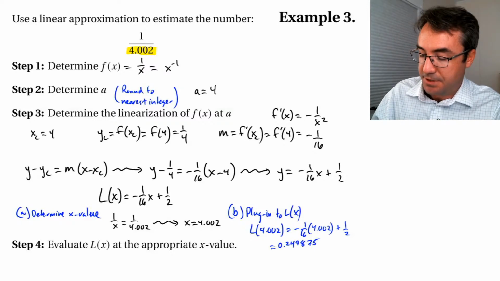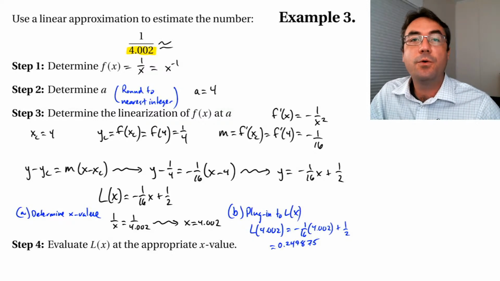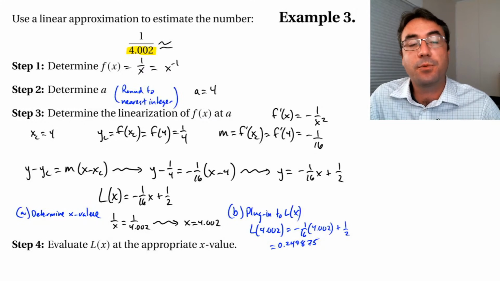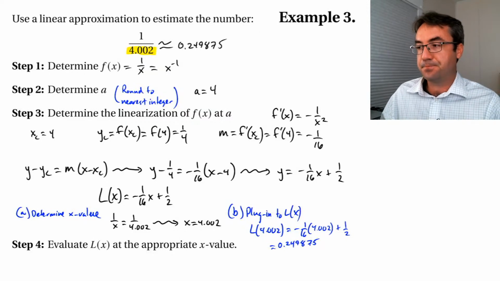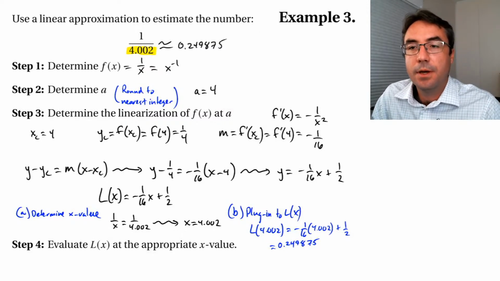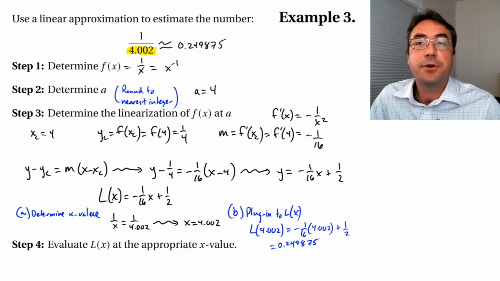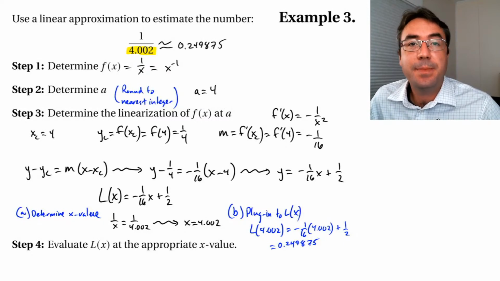And so that tells us then that this 1 over 4.002 is approximately equal to 0.249875. And so we used a linear approximation there to estimate that number.